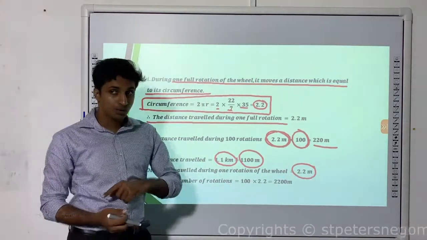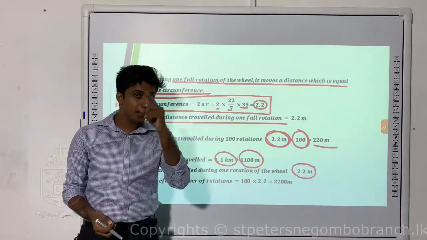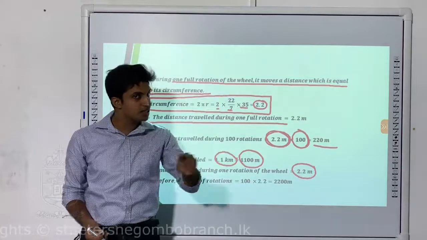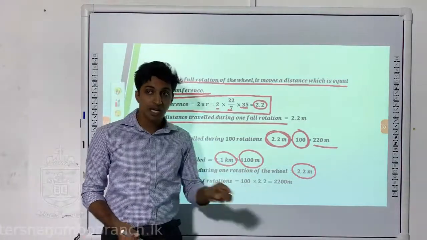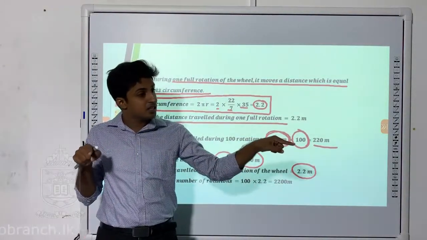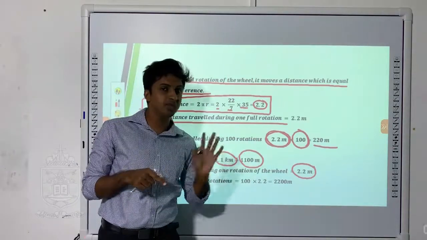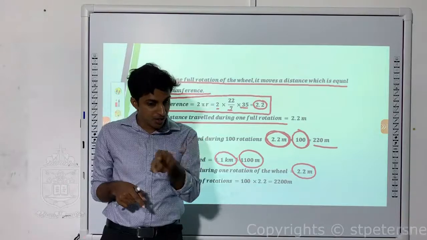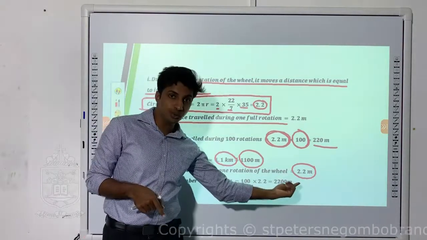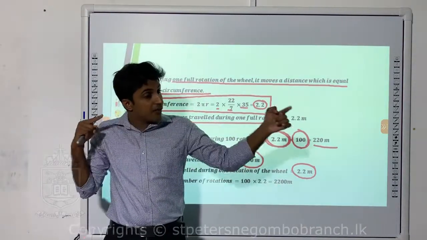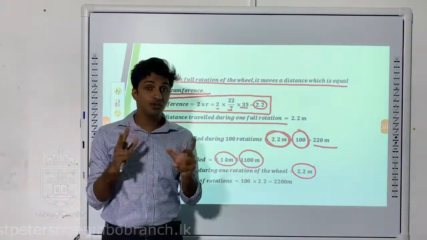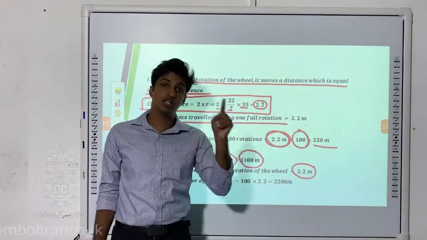So the distance traveled by the wheel during one rotation, or one complete round, is the circumference, that is 2.2. It has to travel a distance of 1100 meters. The distance it travels using one rotation of the wheel is 2.2, but the whole thing has to travel 1100 meters. So you have to see how many rotations it has to take.